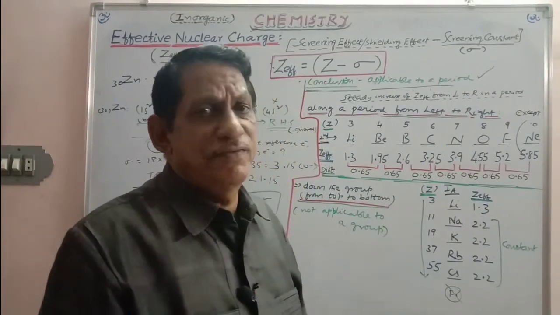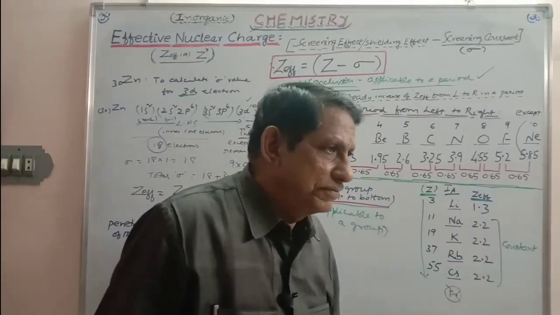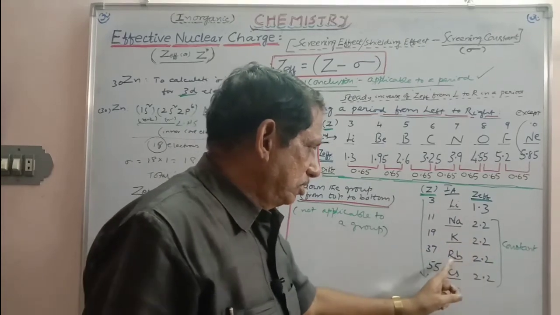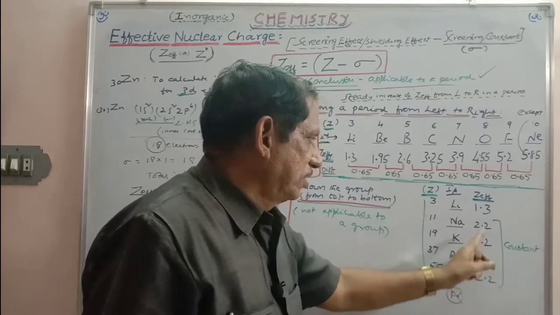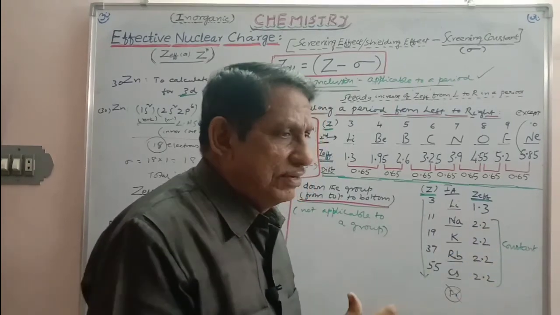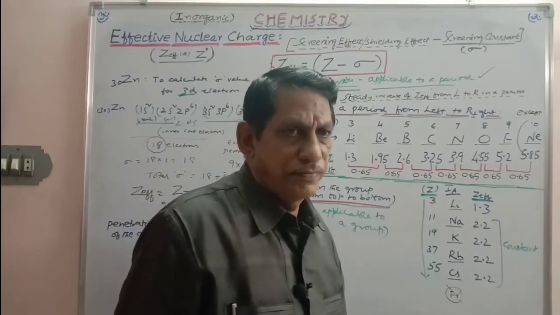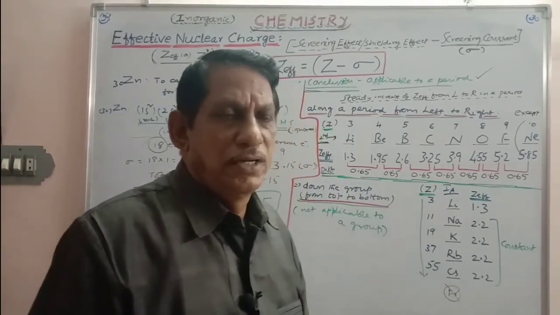Calculate the Z effective also. For lithium we already calculated, that is 1.3. For the remaining elements, sodium 2.2, potassium 2.2, rubidium 2.2, cesium 2.2, except lithium, the remaining 4 elements have the same Z effective. That is remaining constant. When it is remaining constant, how can you explain the atomic size?